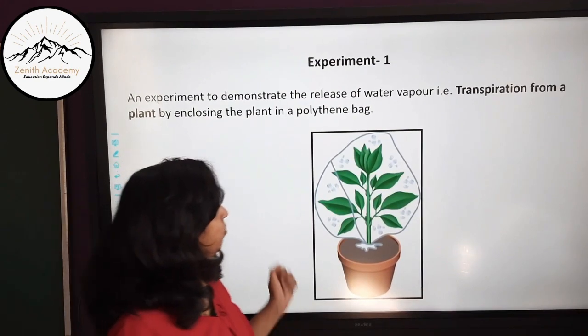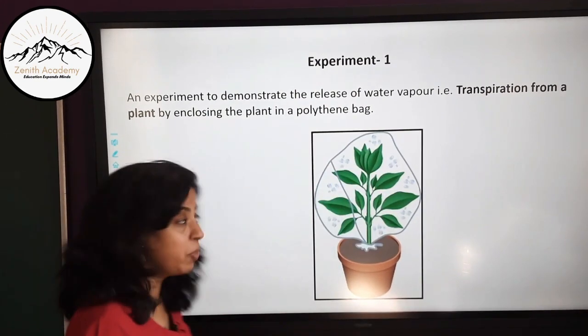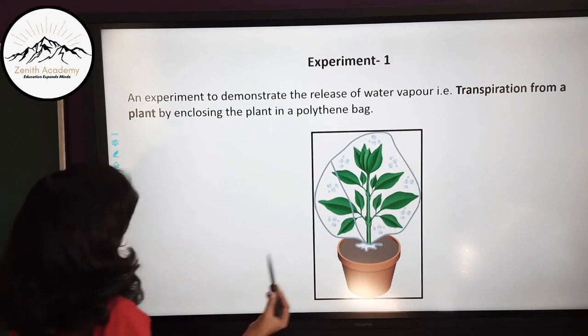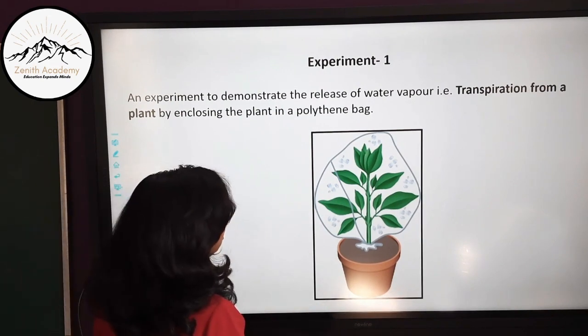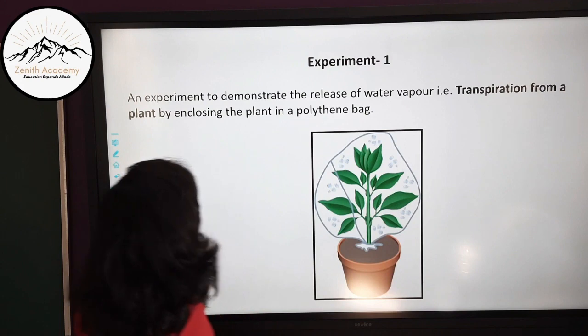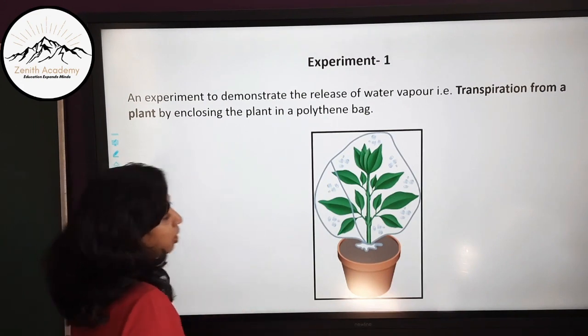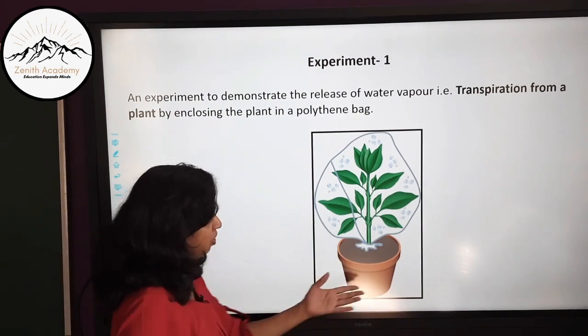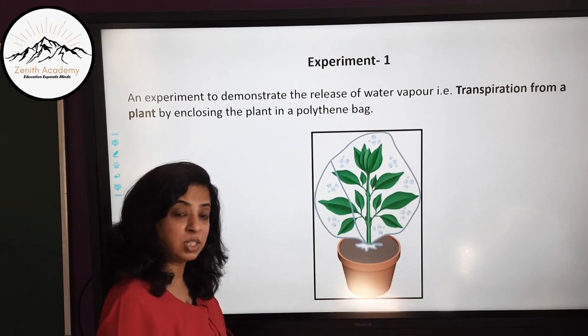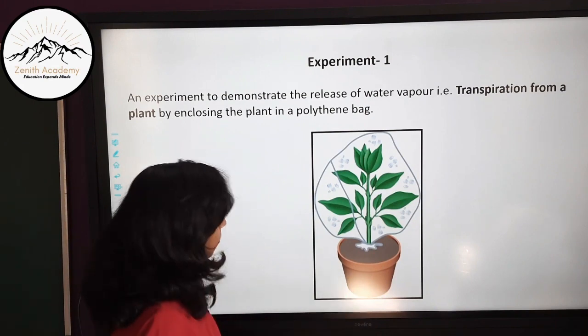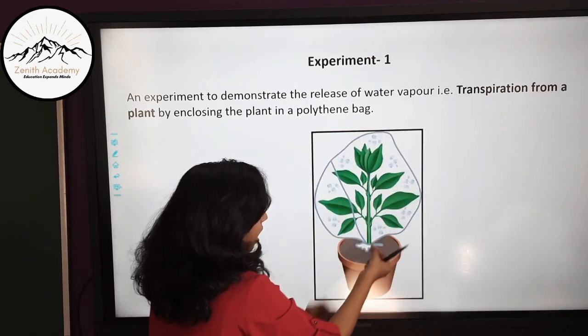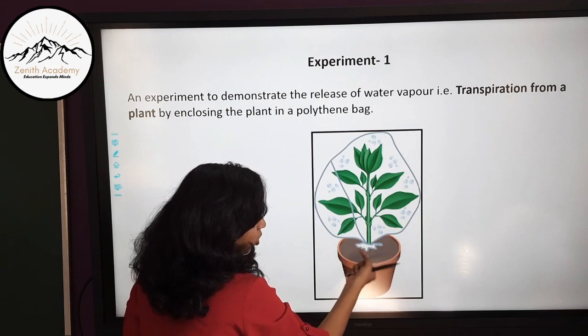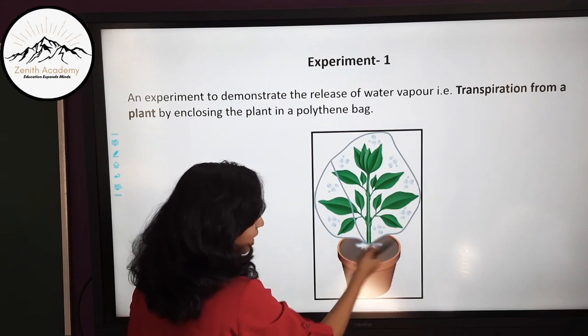So, let us come to our first experiment of transpiration. This experiment demonstrates the release of water vapor, that is transpiration, from a plant by enclosing the plant in a polythene bag. Here we have taken a medium size well watered potted plant and we have tied a polythene bag at the bottom of the stem, very tightly.